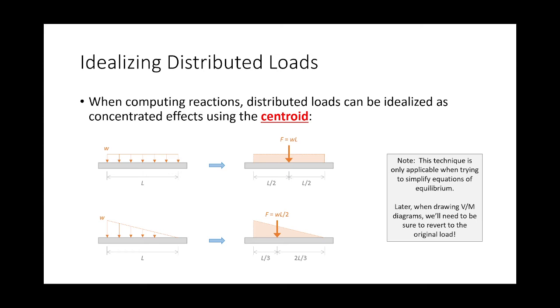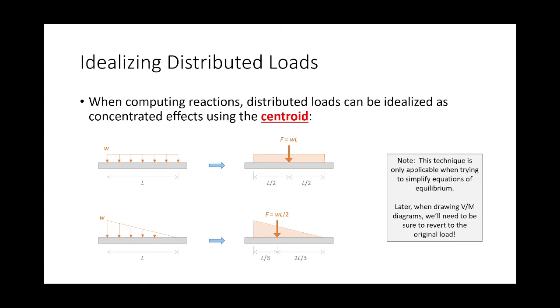Now, how do you handle that from a reaction standpoint? Well, the way you handle that from a reaction standpoint is you break out your old friend, the centroid, okay? So if you remember, the centroid is the place where you can idealize that area or that region as a single concentrated effect.